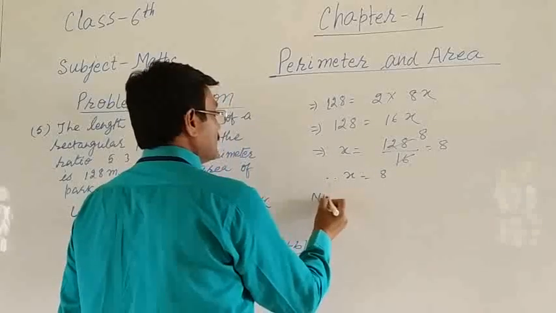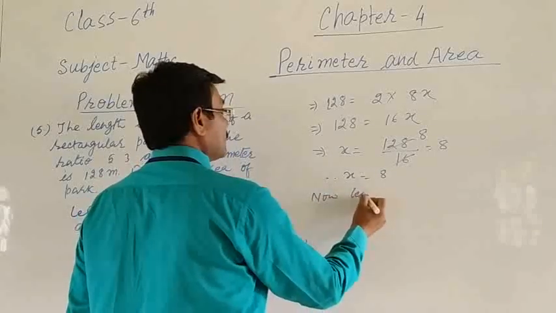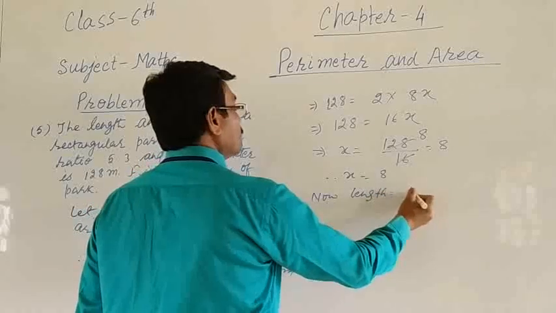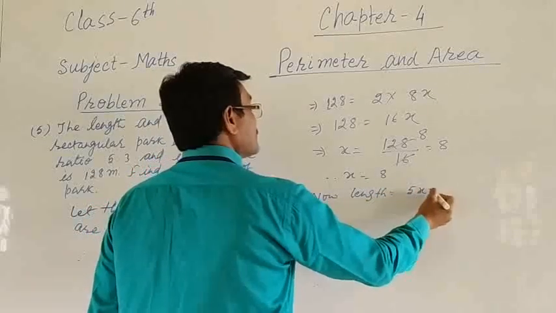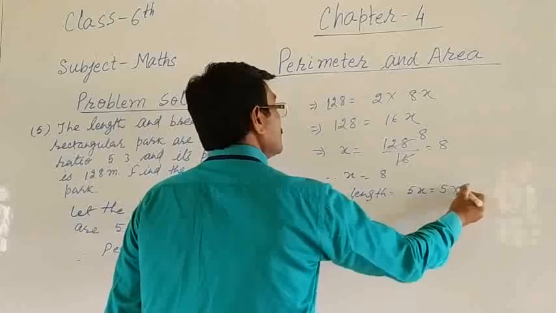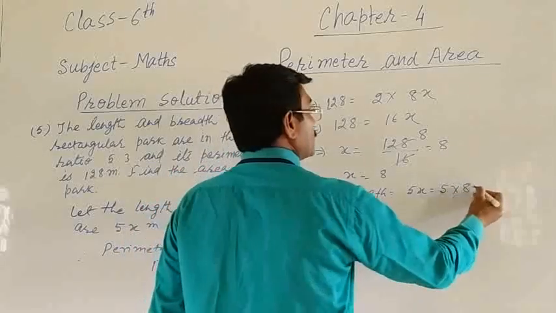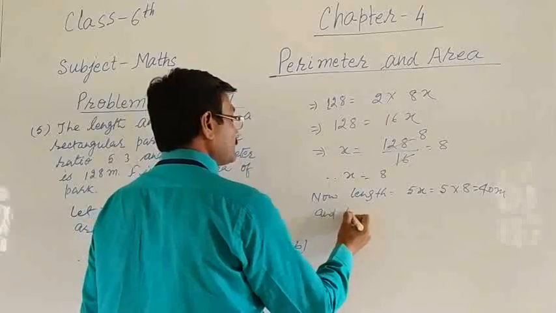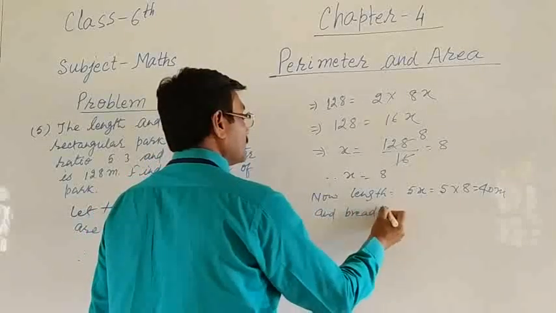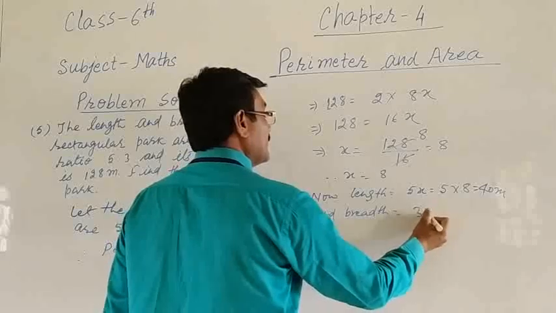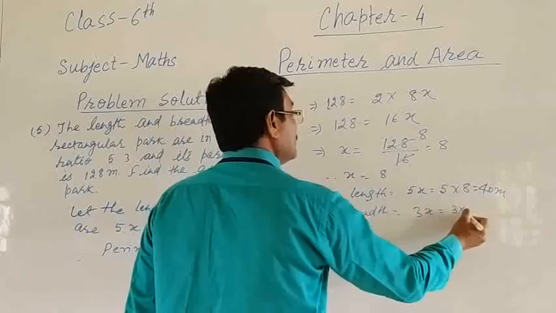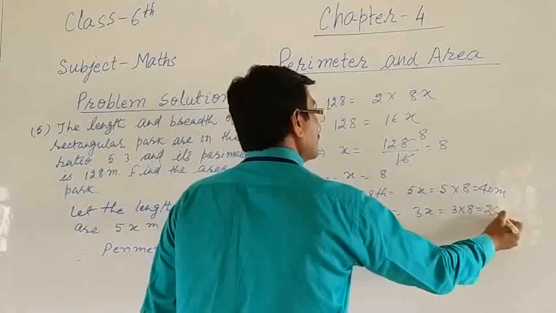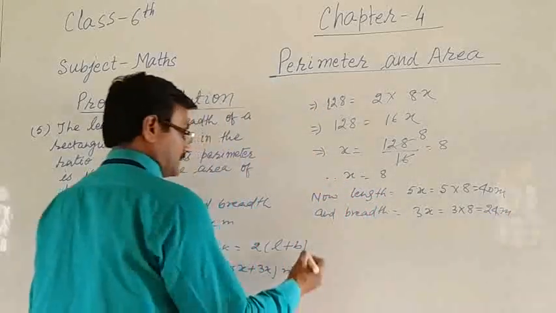Now the length. Length is equal to 5x. 5x means 5 into 8 is equal to 40 meter and breadth is equal to 3x means 3 into 8 is equal to 24 meter.